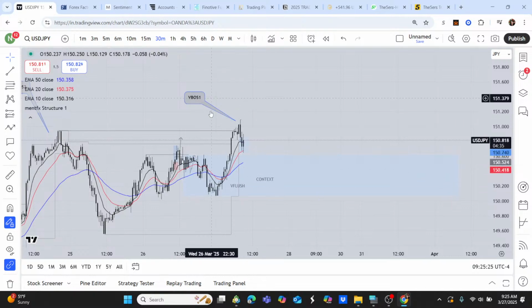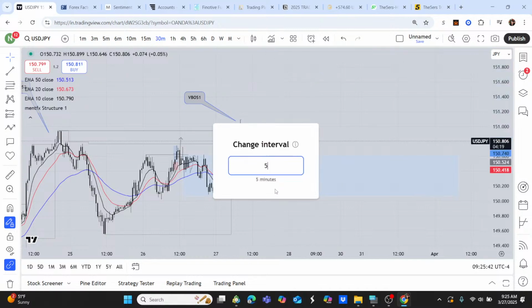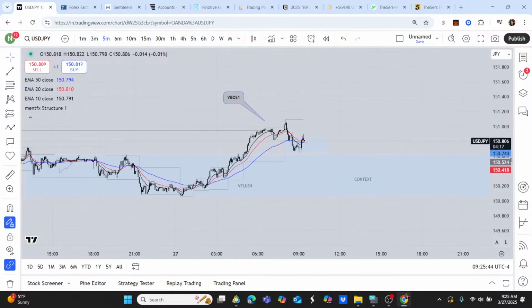So we had the flush. This is the first one. We can still make the second one, the third one, the fourth one, and it may start to fail down right here. We hop back on this lower. Okay, it's pausing right there.